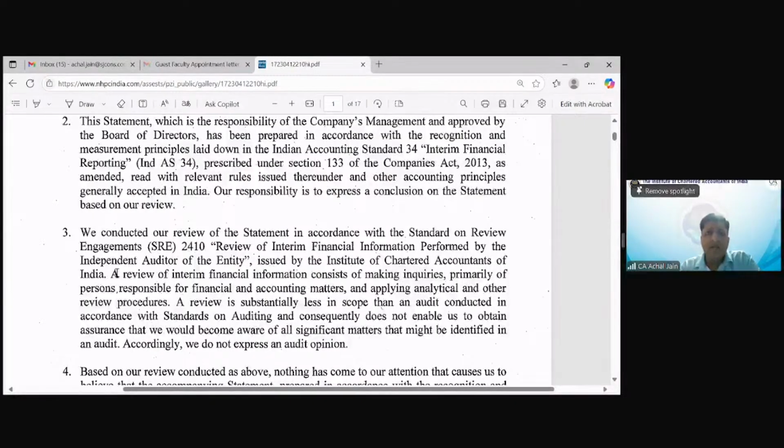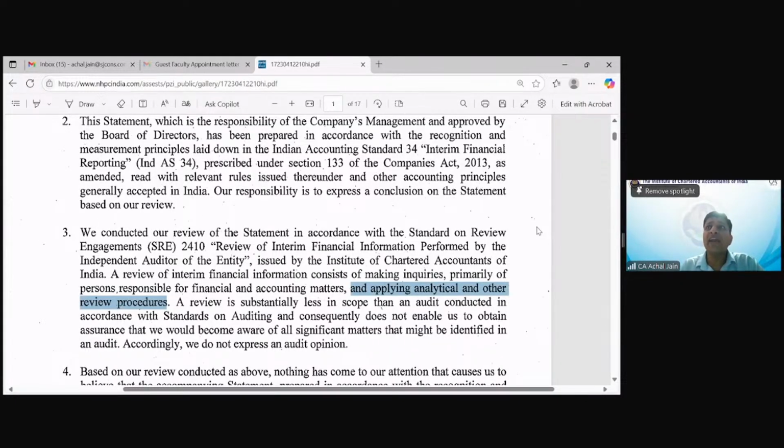Then auditor is also explaining what is a review. So it says a review of interim financial statements or the information consists of making inquiries, primarily of the persons responsible for financial and accounting matters, and applying analytical and other review procedures. Okay. So the auditor is clarifying in the report itself what all procedures he is required to perform.